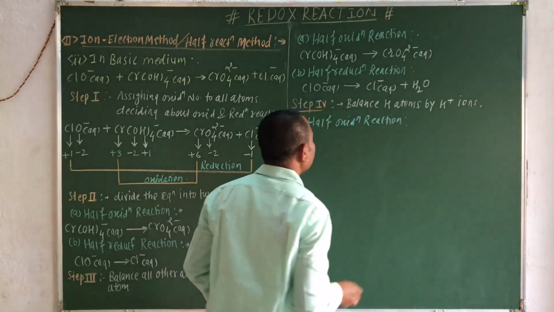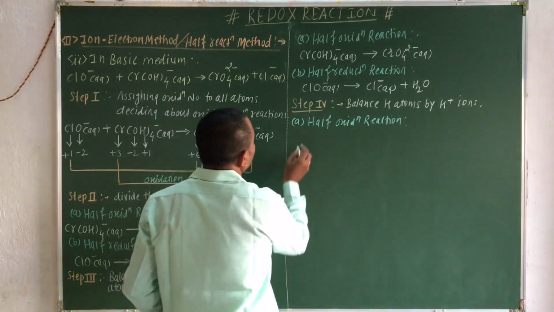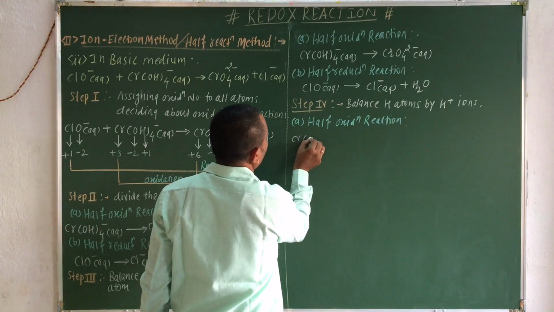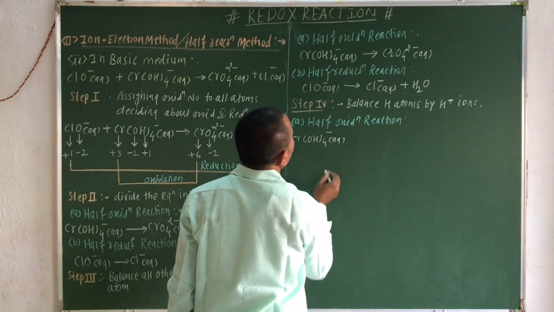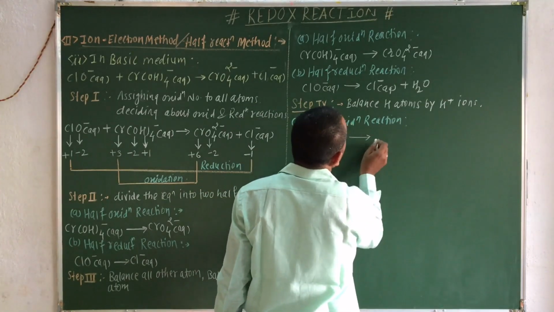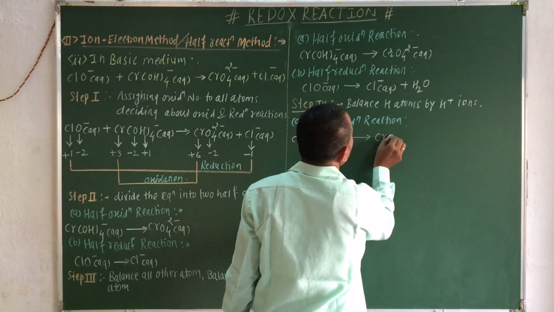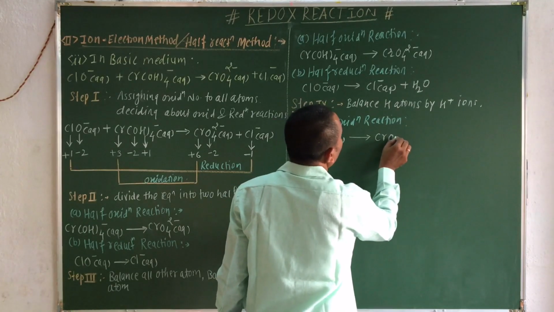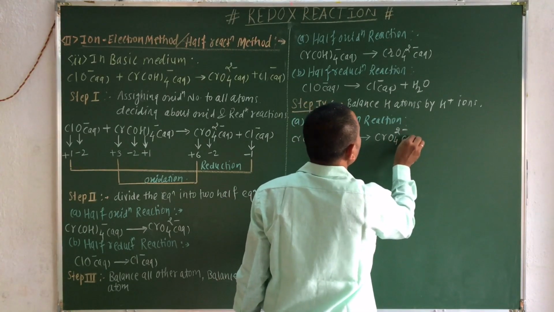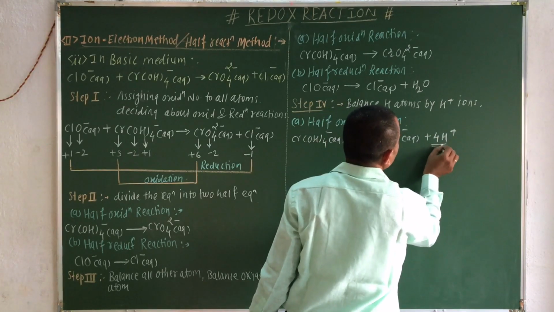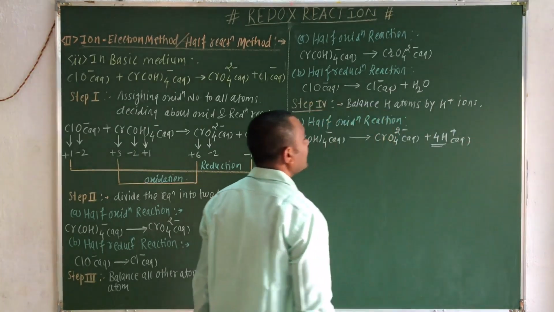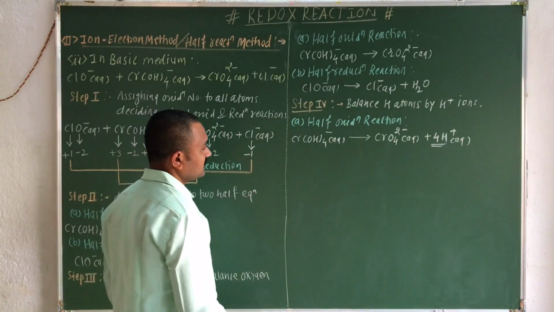You can modify it very easily, that is CrOH 4 times minus aqueous gives CrO4 2 minus aqueous plus 4 H plus aqueous, that we have added here to balance the hydrogen atoms.